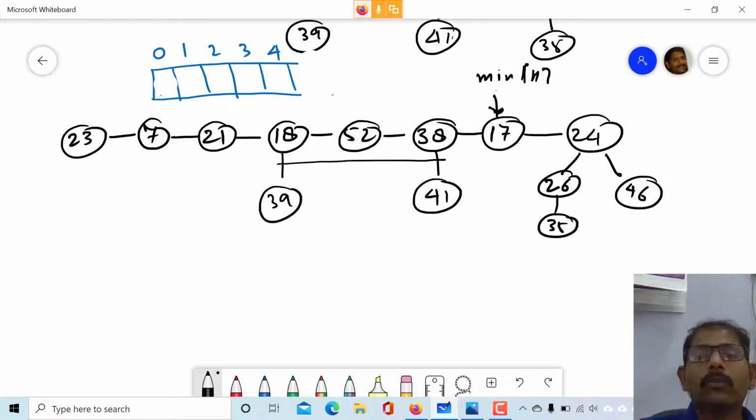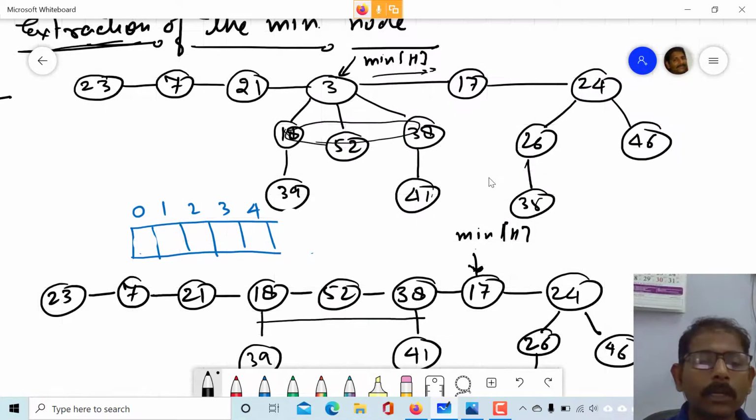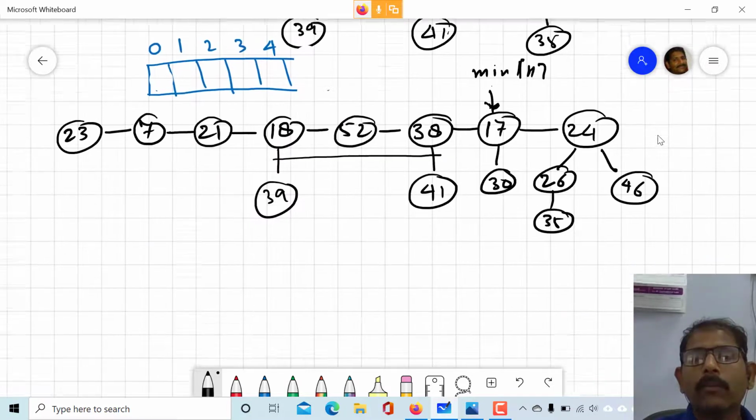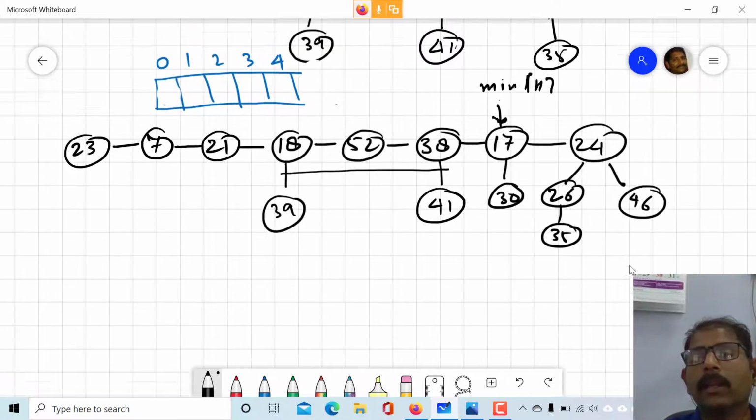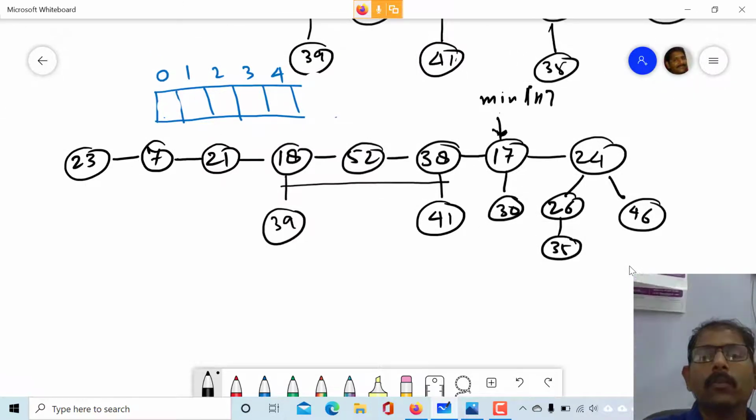Now we have to start from node number 17. What is its degree? Its degree is 0. So we have to start from 17, and its degree is now 1. So 17 will be pointing to 1.